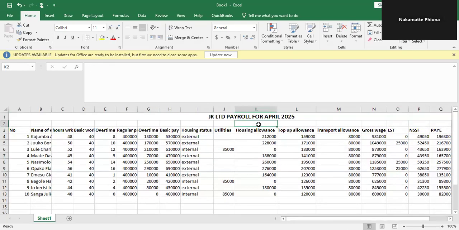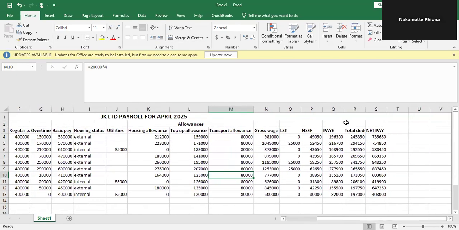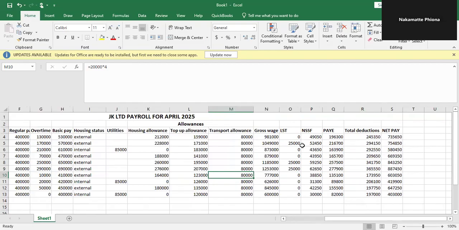I have allowances. And there we have deductions.